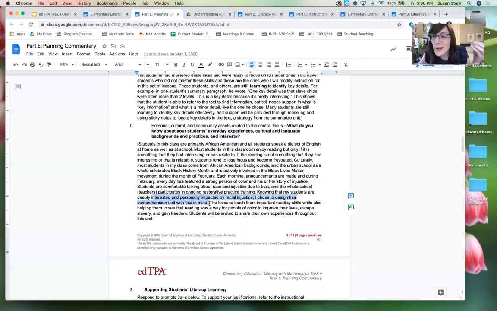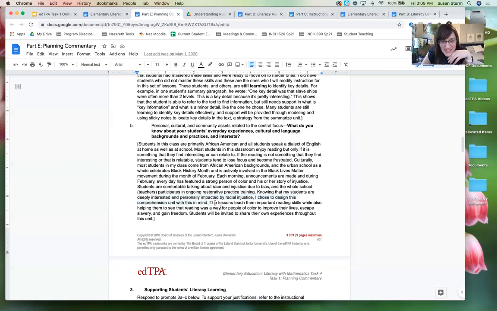So this is a great rationale for designing a unit that is really meaningful in context as defined by the edTPA. I'm not sure that this one is super meaningful in context. Yes, they're reading compelling texts about African-American people, but it's not encouraging students to go out there and be change makers and use restorative practices.